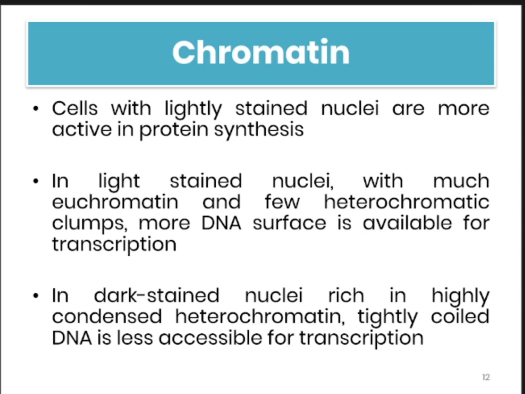Cells with lightly stained nuclei are more active in protein synthesis, as we have mentioned. In lightly stained nuclei with much euchromatin and few heterochromatic clumps, more DNA surface is available for transcription. And in darkly stained nuclei rich in highly condensed heterochromatin, tightly coiled DNA is less accessible for transcription.